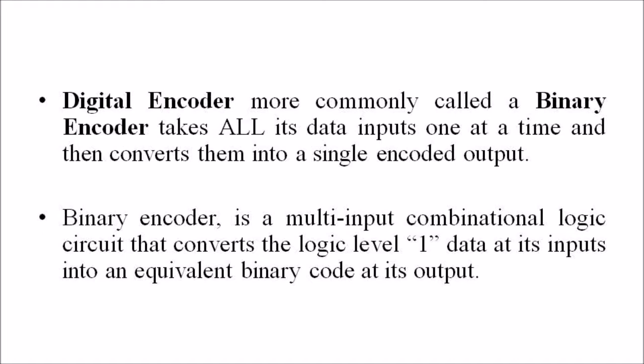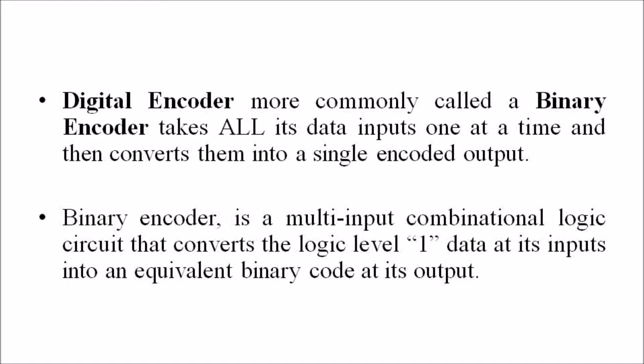So we can say that a binary encoder is a multi-input combinational logic circuit that converts the logic level 1 data at its input into an equivalent binary code at its output.